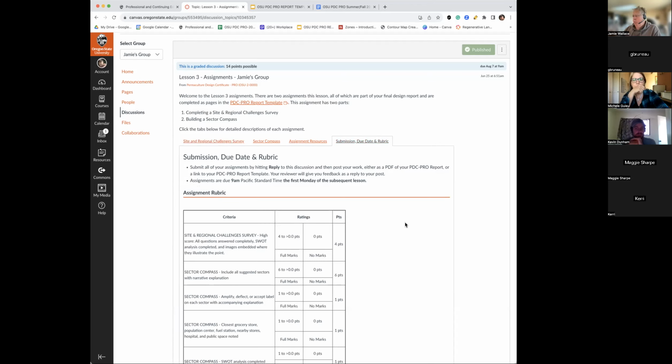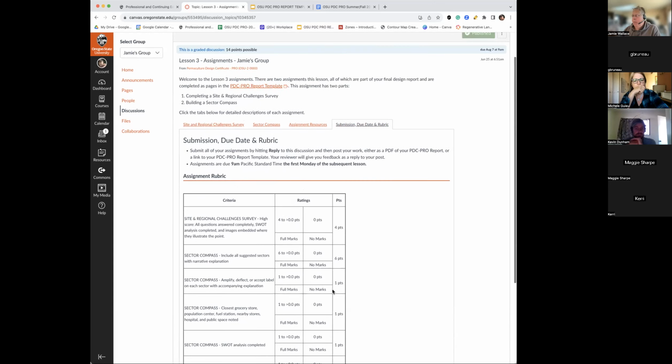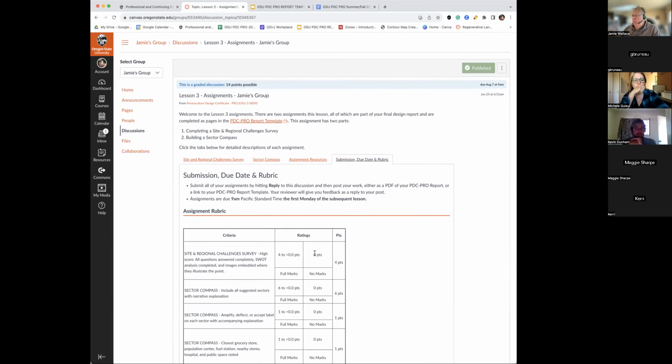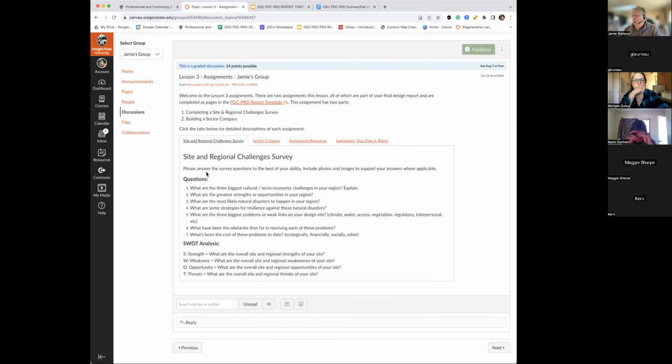If we look at the rubric here, we'll notice that there's 4 points for the site and regional challenge, and then there's 10 points for the sector compass. So you can see where you may want to spend the bulk of your time here. And so what are some of the things that we're looking for?